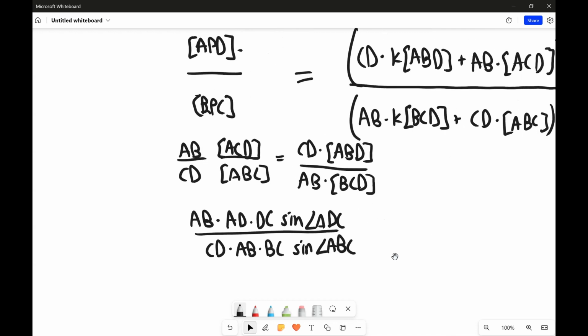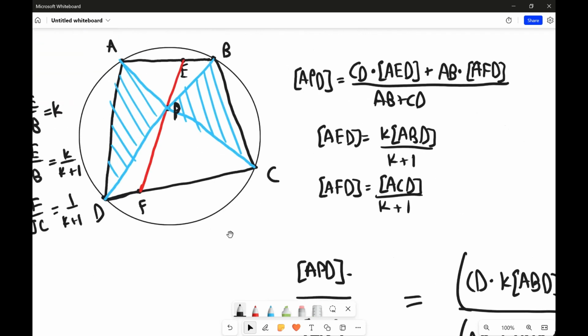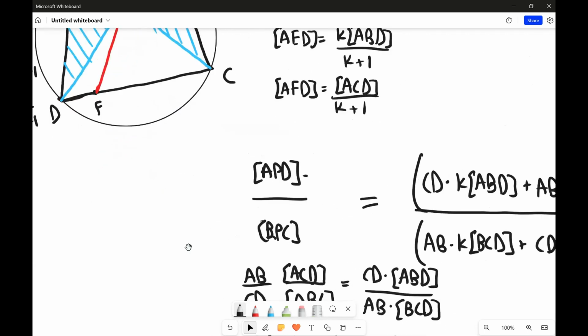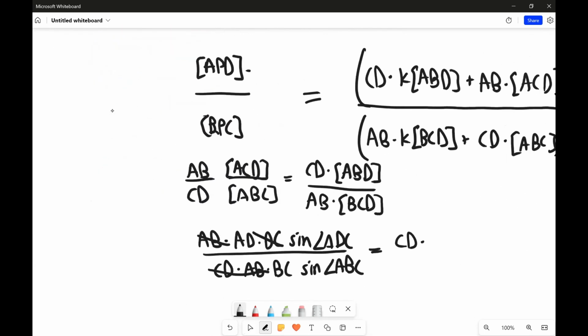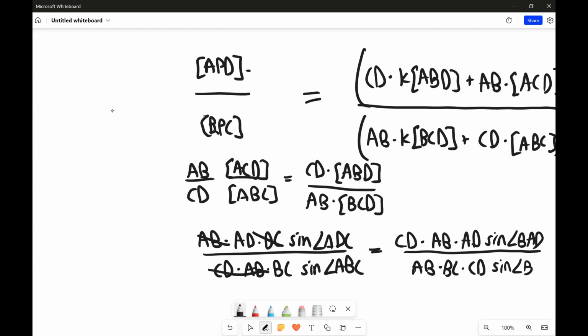And conveniently, the AB and CD cancel out here. And we want to show that this is equal to CD times the area of ABD, which is AB times AD times the sine of angle BAD, and on the bottom here we have AB times BC times CD times the sine of angle BCD.